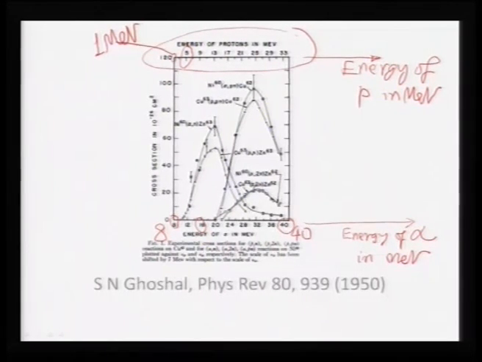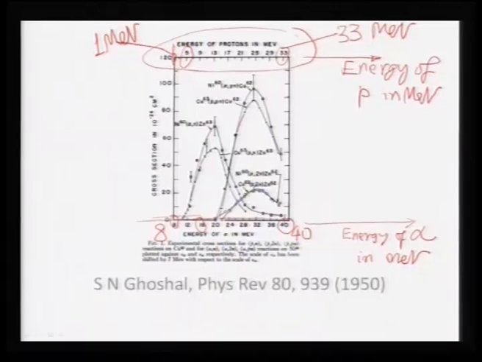So, here it starts at 8 MeV on the bottom line, and it goes up to here, 40 MeV. Here on the same graph you see an energy scale on the horizontal side, this is 1 MeV and this last point is 33 MeV.